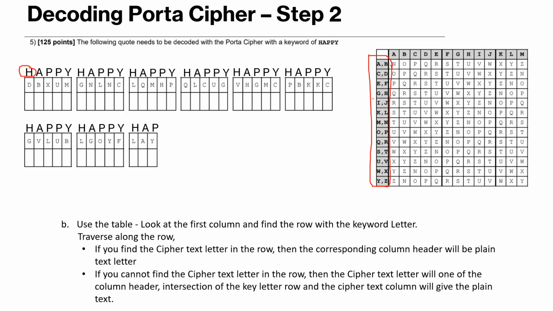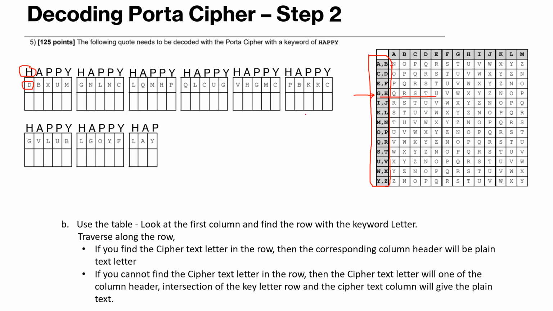And once we find that keyword letter, we start traversing the row which contains the keyword letter.